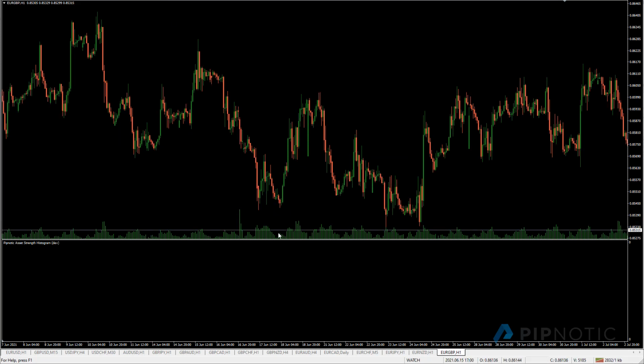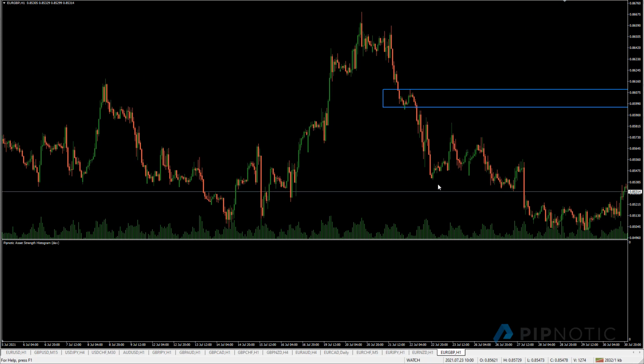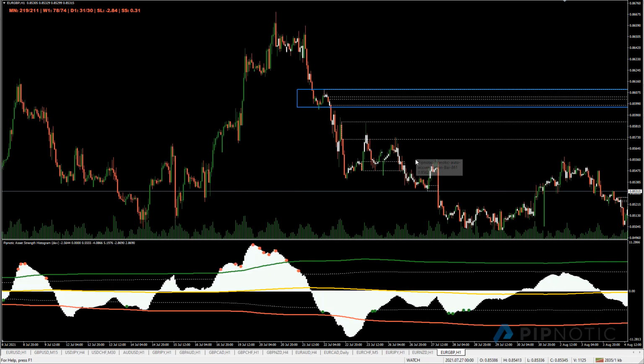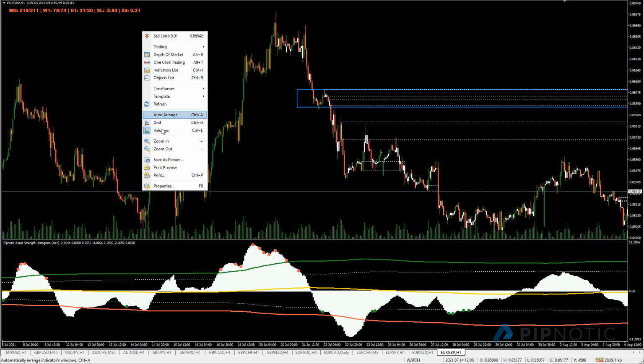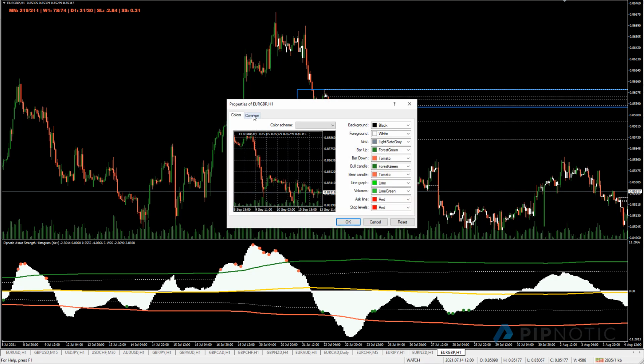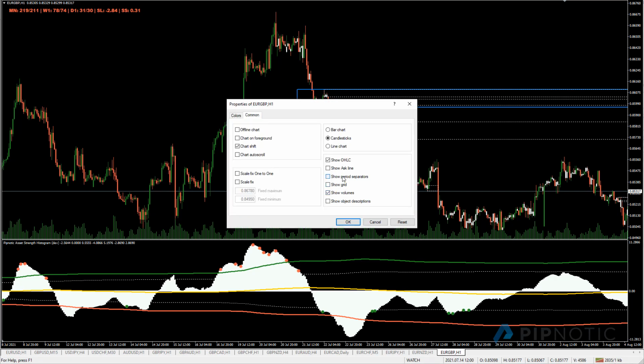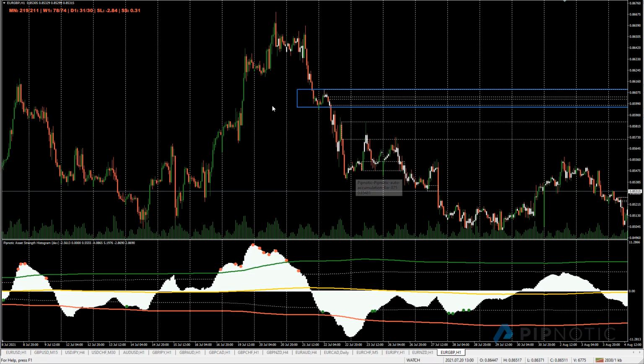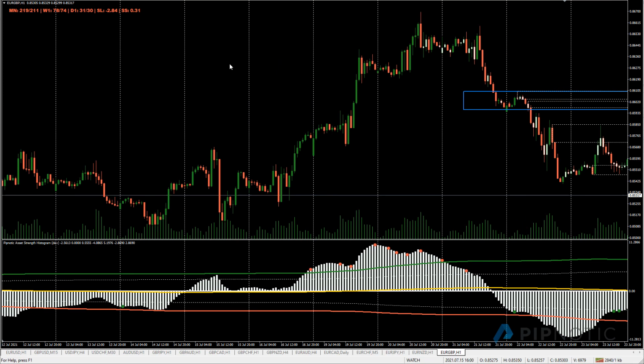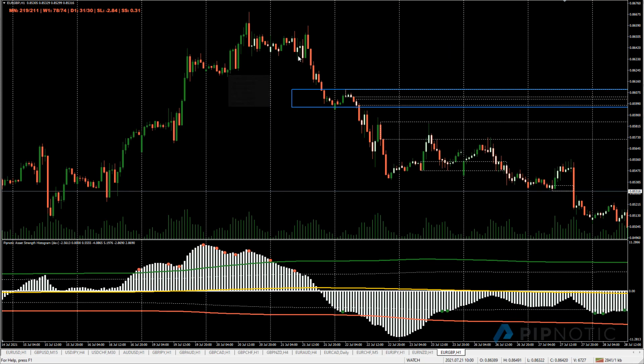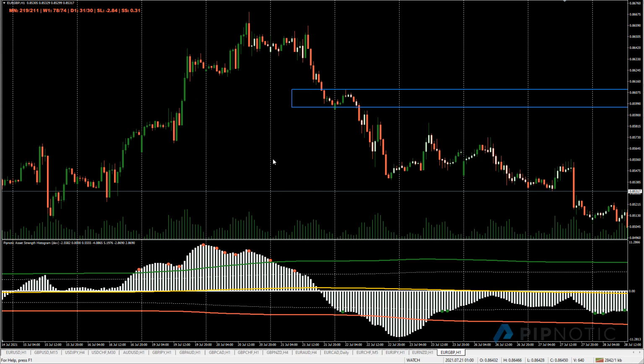You can see pretty clearly when you have low volume periods and high volume periods, and this is typically related to the time of day. If we enable the period separators, now we can see the different times of day. Low times of the day are typically going to be between sessions, which is normally where you have a dotted line.